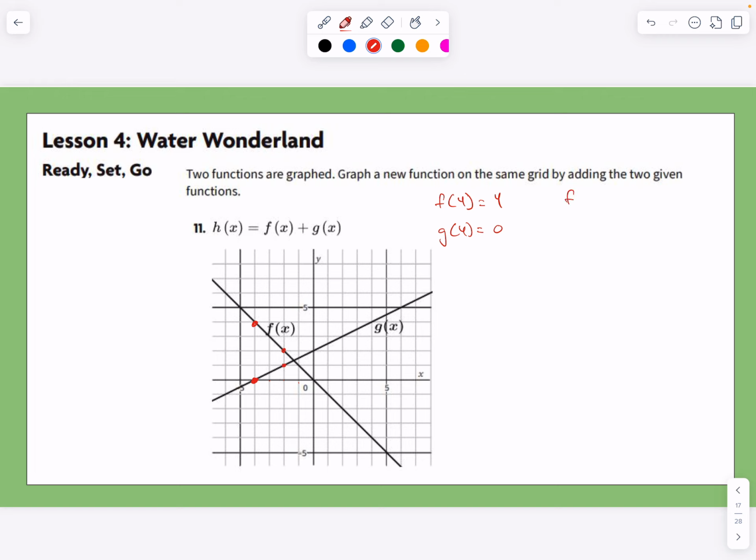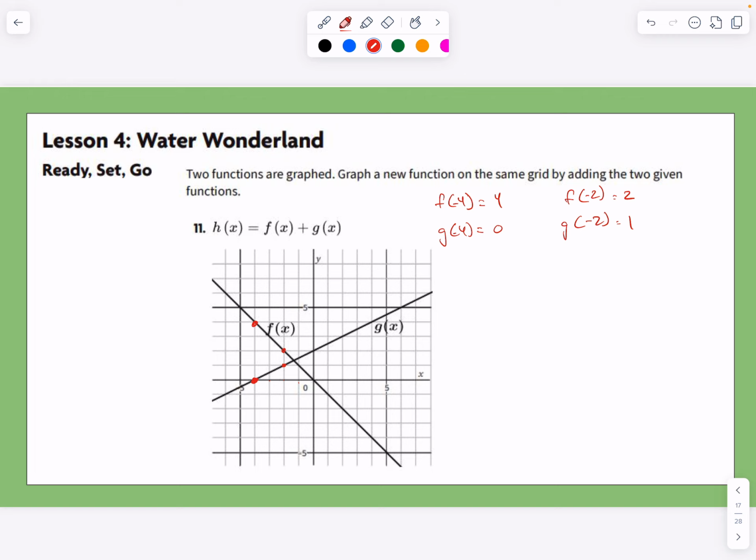So f of 2, negative 4. F of negative 2 is equal to 2. And g of negative 2 is equal to 1. So we're getting some points along the way here to help us kind of figure out what it might be when you add those things up. Okay, so it's one way of thinking about it.